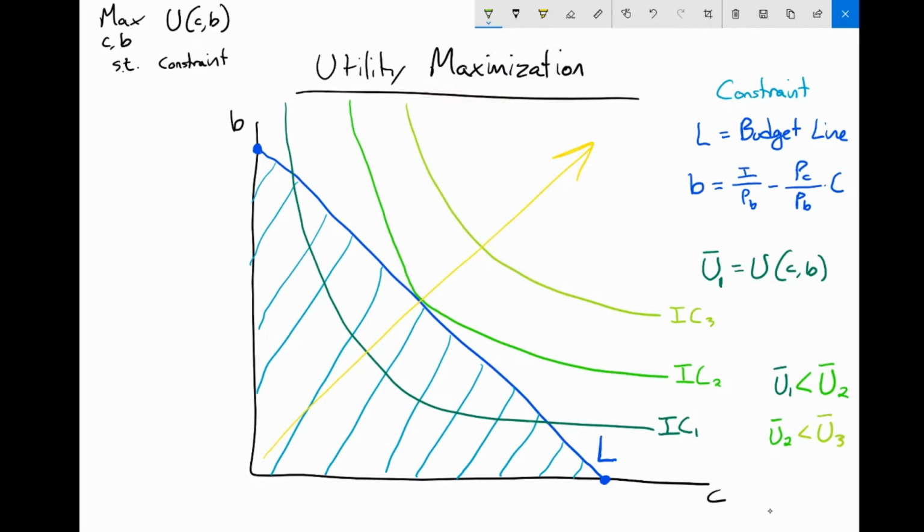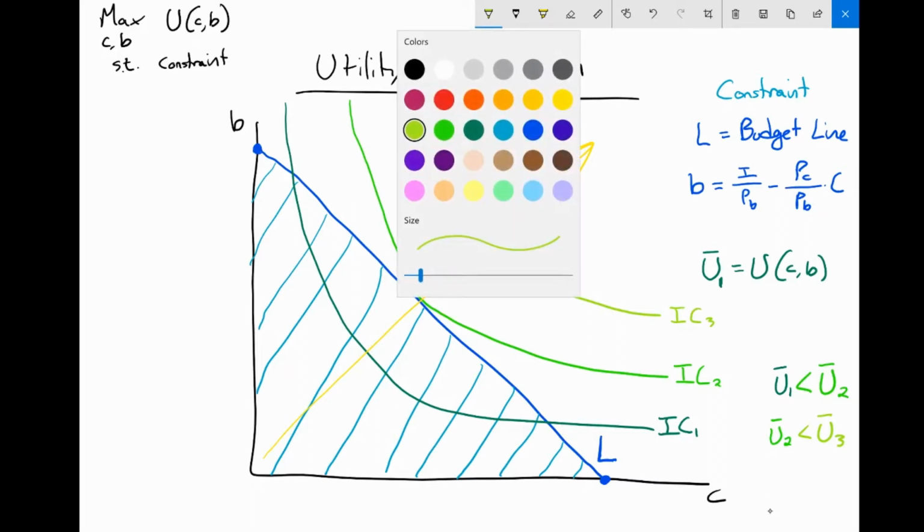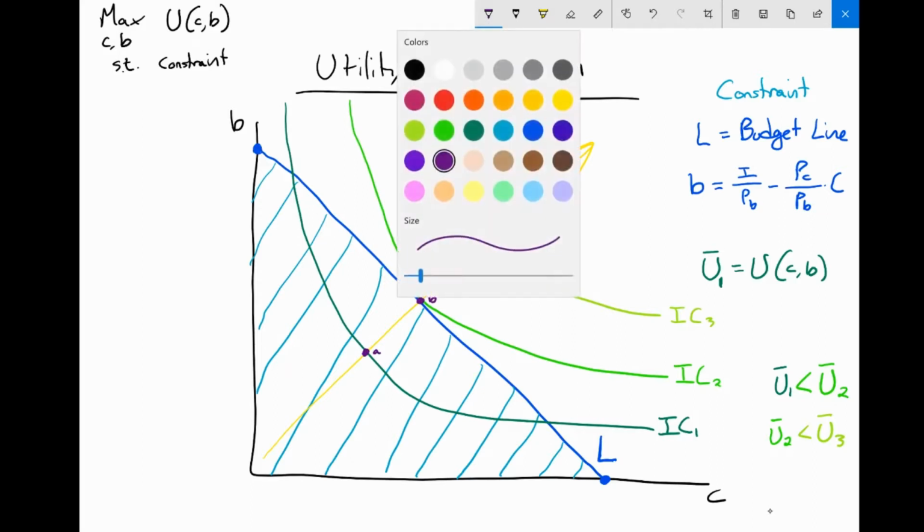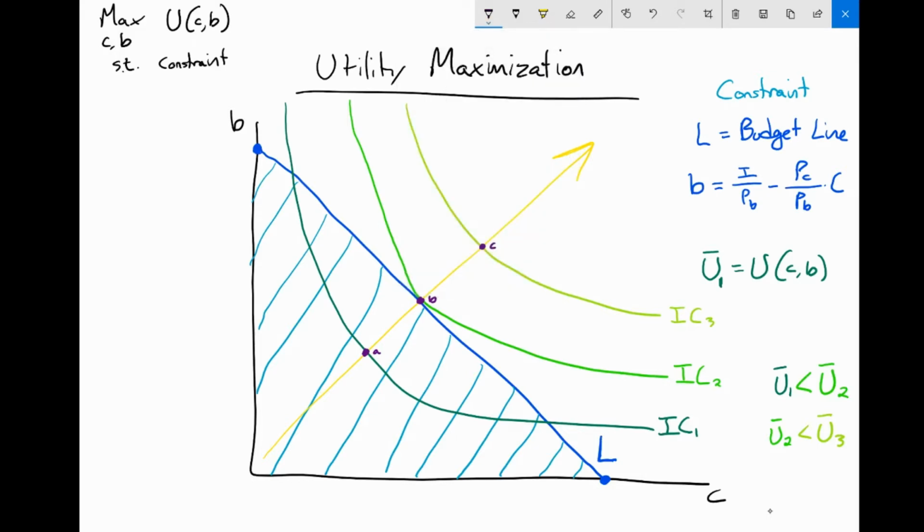So if I asked you, here's a bundle, bundle A, here's a bundle B, and here's a bundle C. Would the agent prefer bundle A, bundle B, or bundle C? Well, they would prefer bundle B to bundle A because bundle B is on a higher indifference curve.